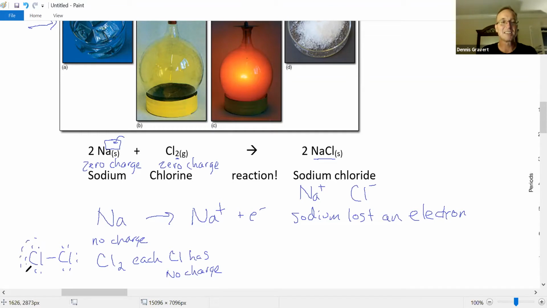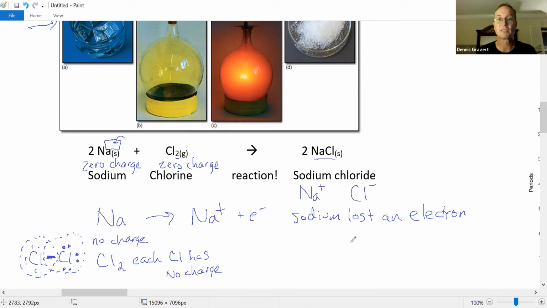Now this chlorine says, if I look at that pair of electrons, I feel like I have 8 electrons instead of the 7 valence electrons I had before. And this chlorine says, let me count that bonding pair also, and then I feel like I too have 8. One line equals 2 dots, 8 electrons. So they feel like they're noble now. They have an octet, no charge.